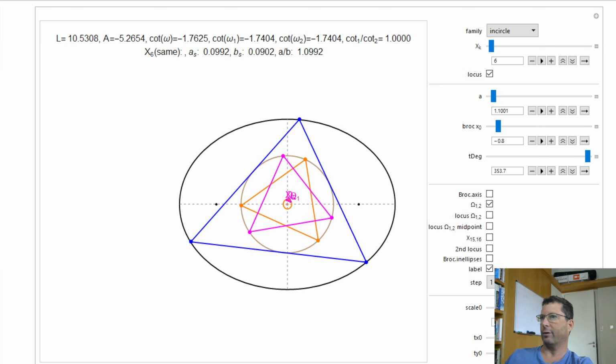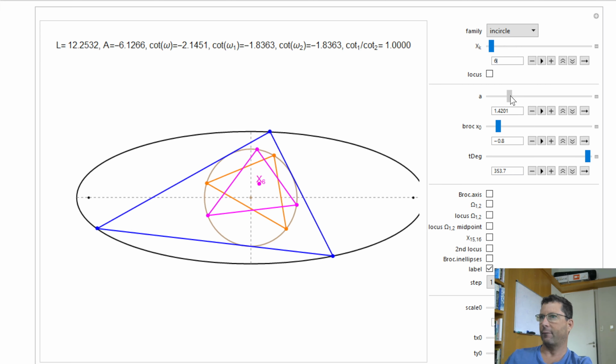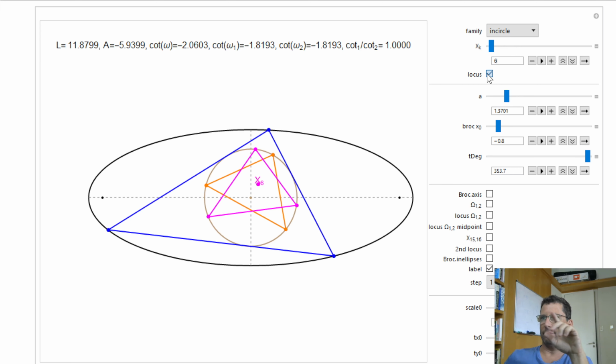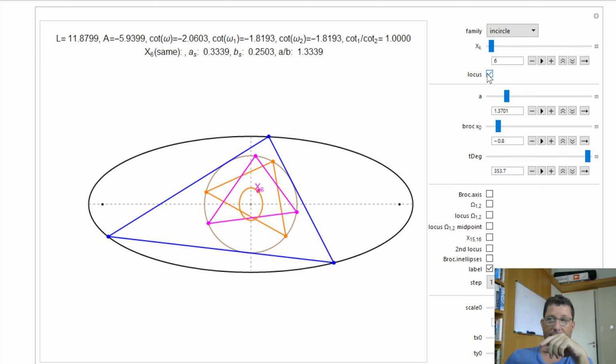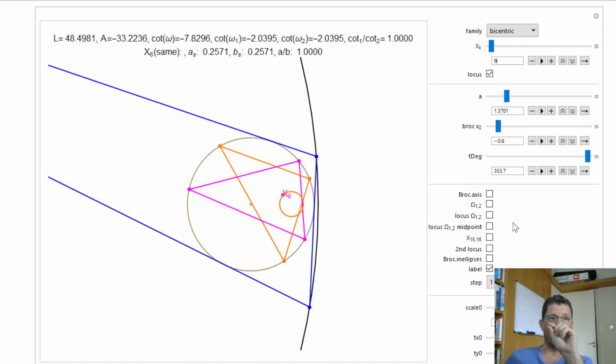So here's a situation where Cramer-Castillon is controlled by the Circumcircle family. You get, most importantly, the sharing of x6, and you get the elliptic locus of x6, and these two triangles belong to the same instantaneous Brocard porism.